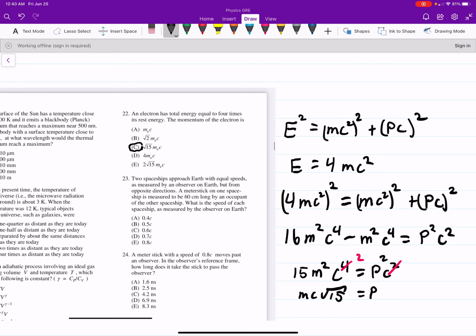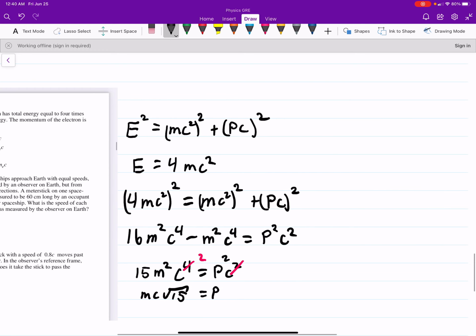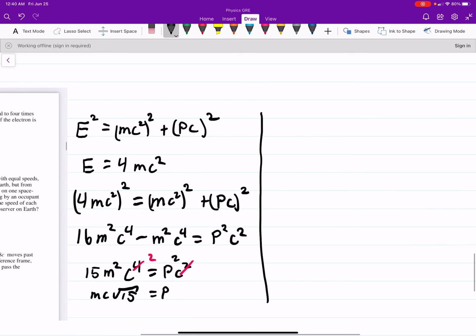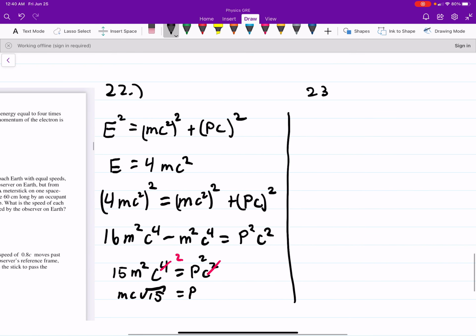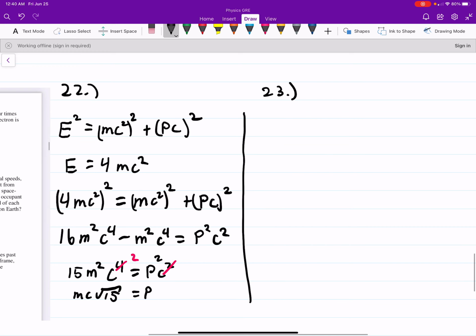23 is two spaceships approach Earth with equal speeds as measured by an observer on Earth, but in opposite directions. A meter stick on one of the ships measures 60 centimeters. Okay. So what we're going to do here, I'll do this over here. So this was 22. This can be 23. We can use our length contraction formula here.